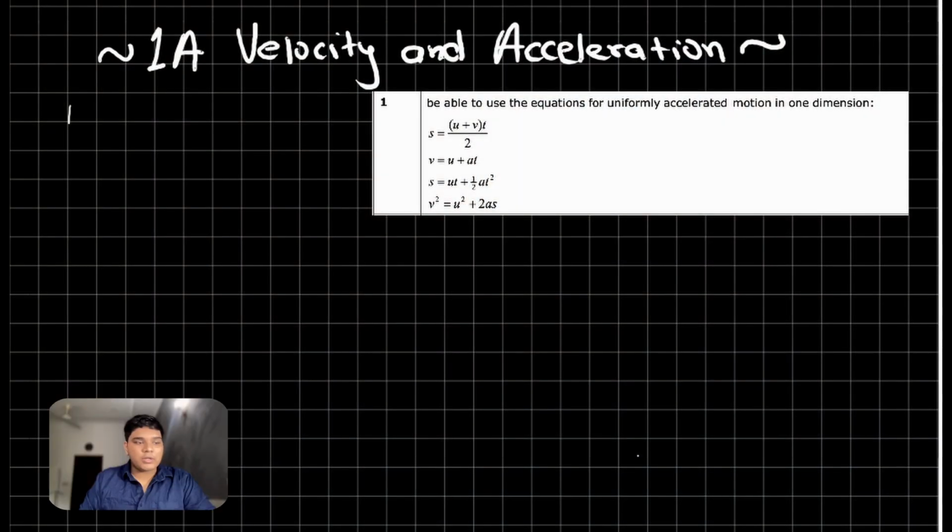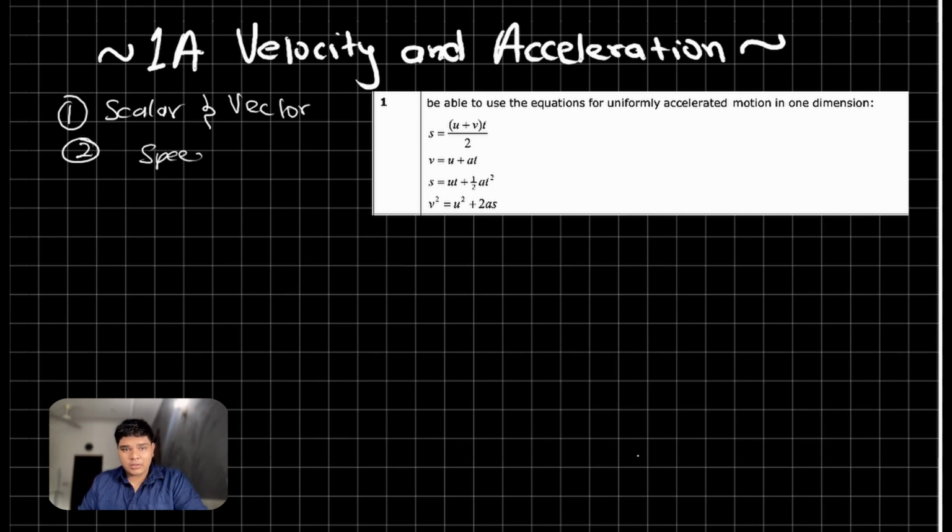The first one is to distinguish between what scalar and vector quantities are. The second one is to distinguish between speed and velocity, and then to define what is acceleration.